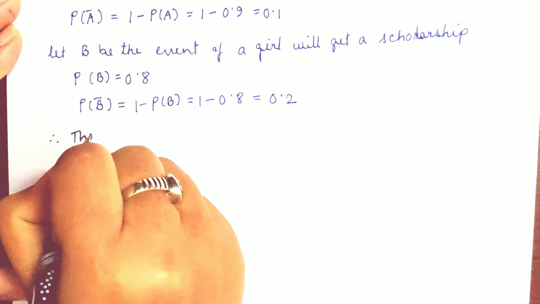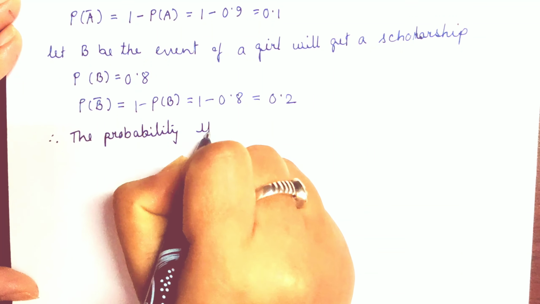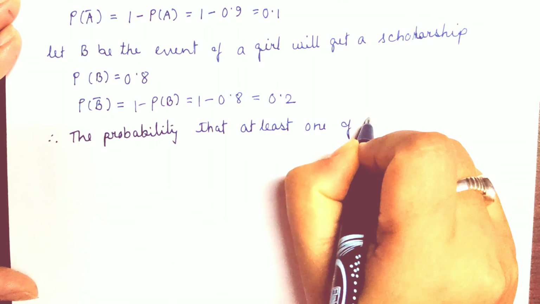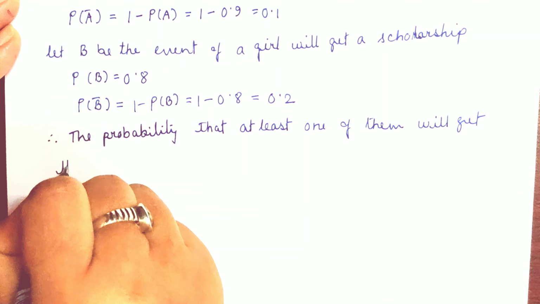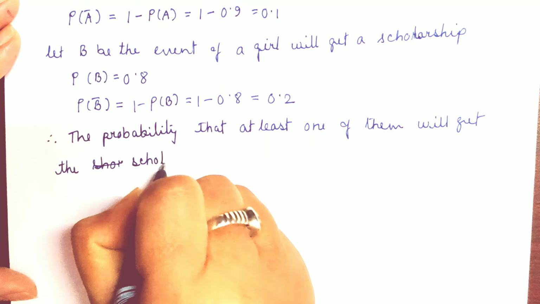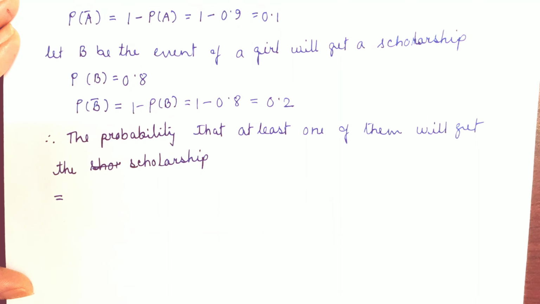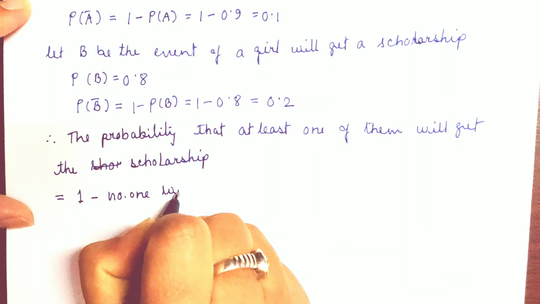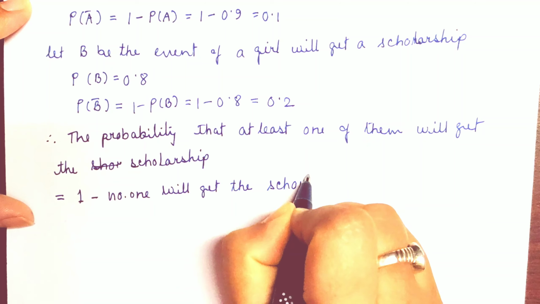Therefore the probability that at least one of them will get the scholarship is equal to 1 minus no one will get the scholarship.